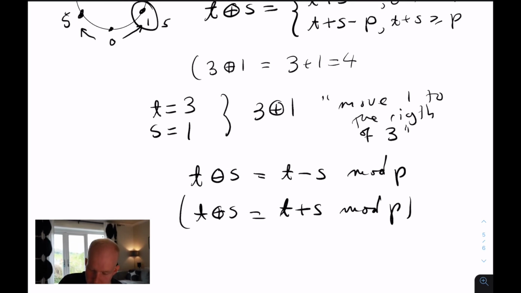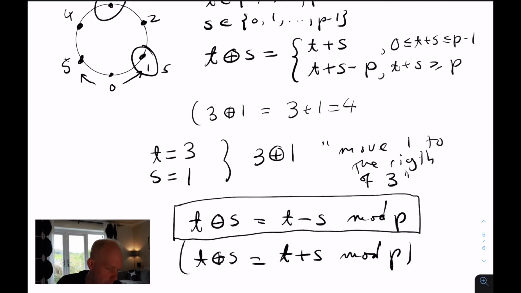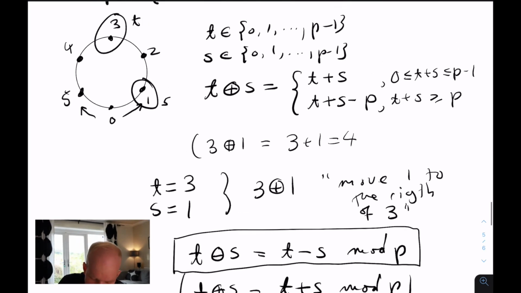That's the definition we are using. In the same way, this negative notation means that you're moving s positions to the left of the circle. So if you wanted to move to the right, that's plus 1, and moving to the left is minus 1, for example.